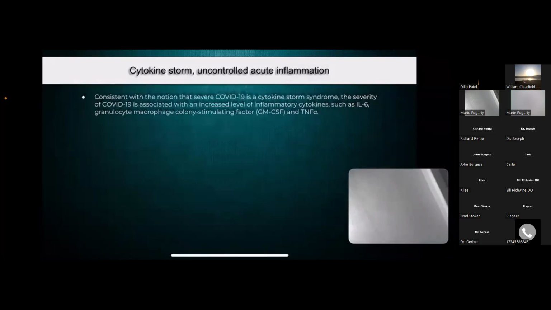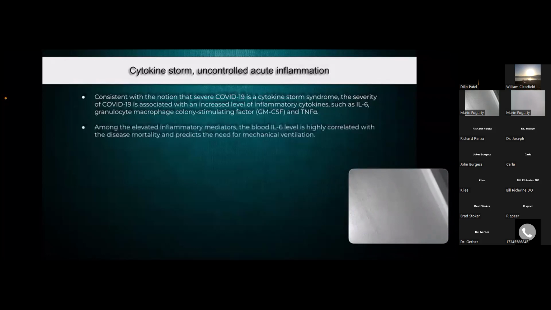Almost done. Consistent with the notion that severe COVID-19 is a cytokine storm syndrome, great, it's talking about it. The severity of COVID-19 is associated with an increased level of inflammatory cytokines such as interleukin-6, granulocyte macrophage colony stimulating factor, and TNF-alpha. The macrophages are a part of this story.